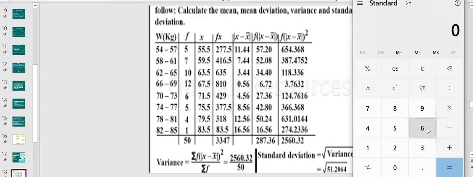Then 66 plus 69, divided by 2, is equal to 67.5.